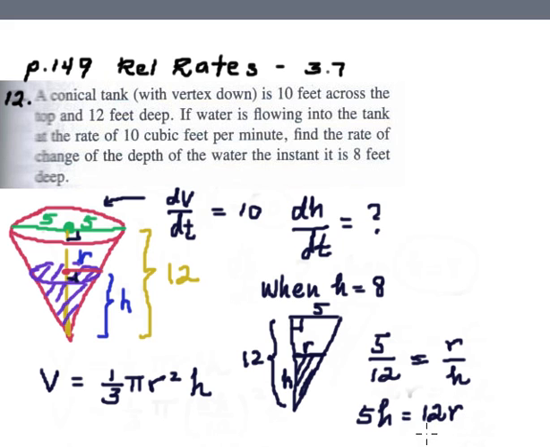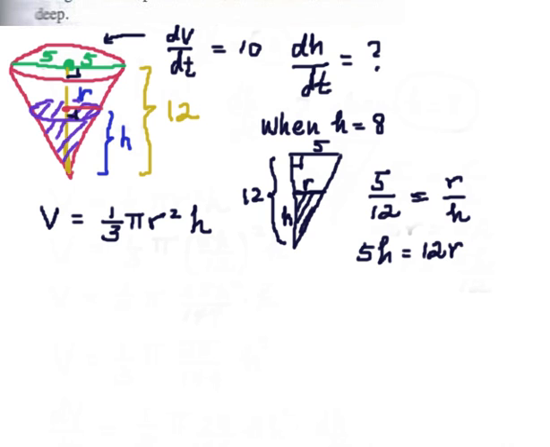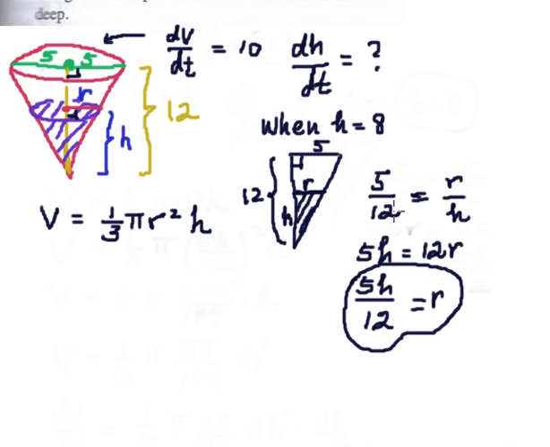Or if we divide both sides by 12, we have r is equal to 5h over 12. And that's the equation that we're going to use to eliminate r from this equation. All right, so let's do that.